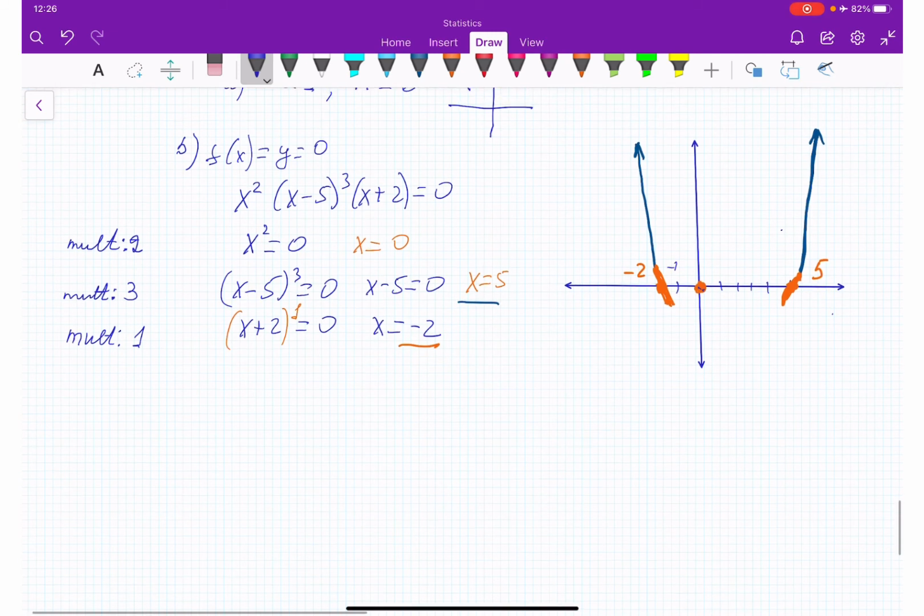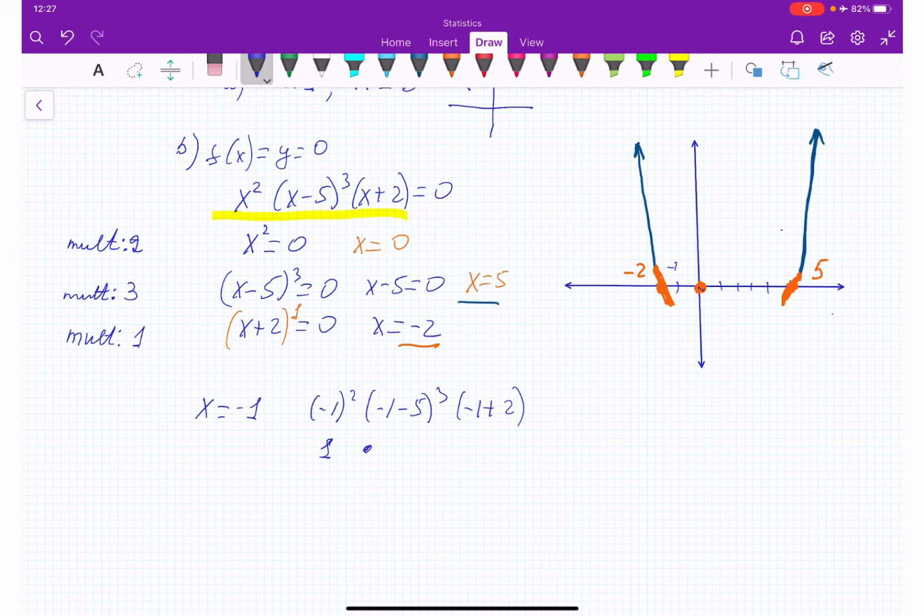So let's write down at x equal to -1. I will have (-1) squared times (-1 minus 5) cubed. That's the equation, right? And then times (-1 plus 2). So this is going to be 1. This is going to be (-6) cubed.